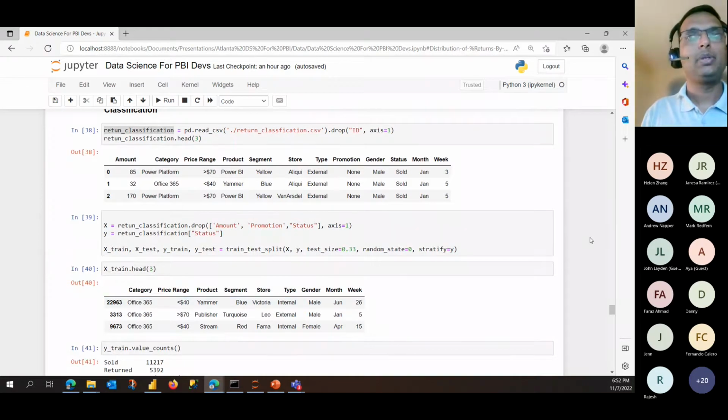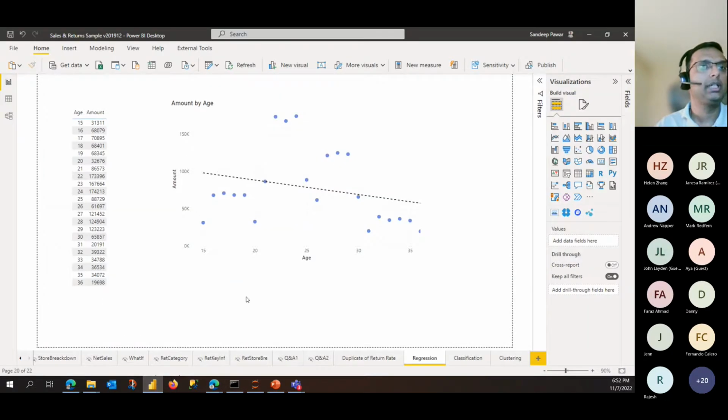In our data, we have customers who are buying the product, and then there are customers who, after a while, are returning the product. What we want to be able to do is predict, if somebody purchases a product, what is the probability that they will return that product? Okay. So with classification, we can predict that, and that's actually available in Power BI as well.